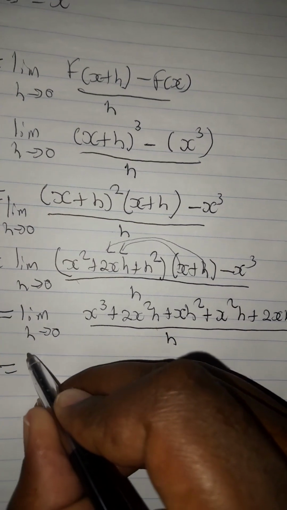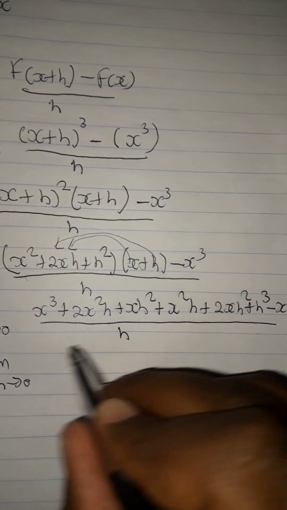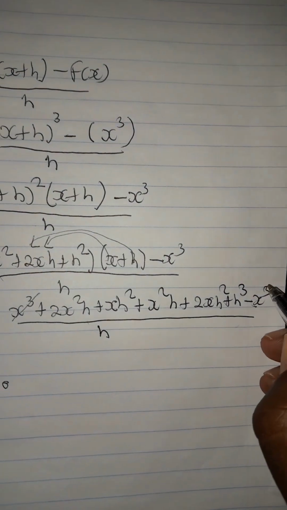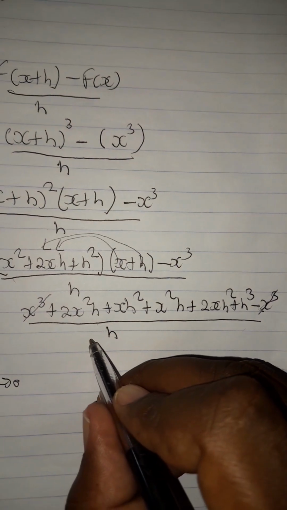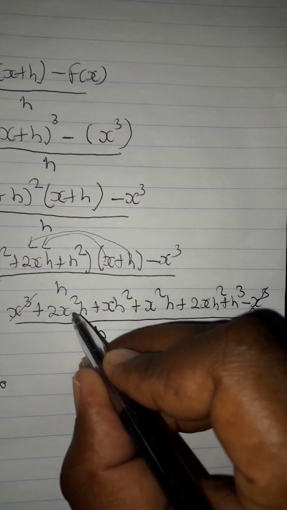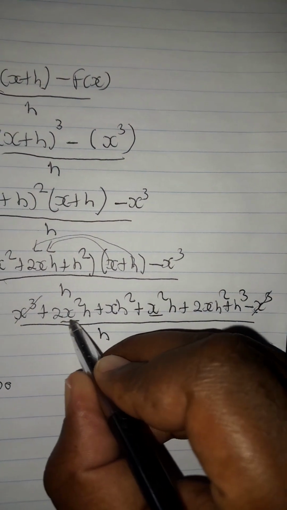Then now the step is where we are going to collect the like terms. We can see that x cubed and x cubed cancel each other. They will give us 0. Then do we have other like terms? Let's look. Do we have something that goes with x squared here? Yes, we do. We have this x squared h as well as x squared h.